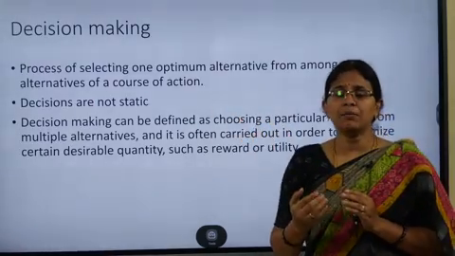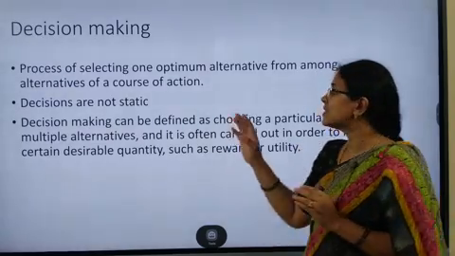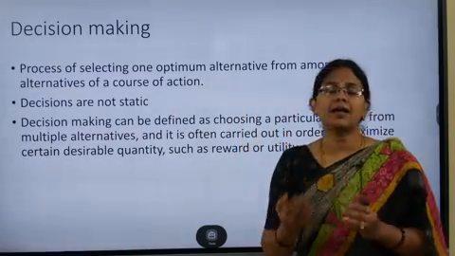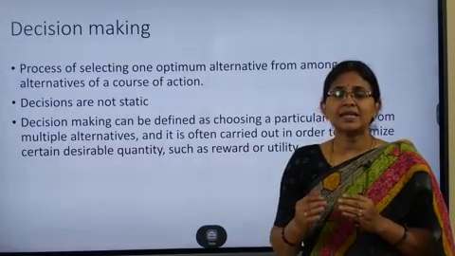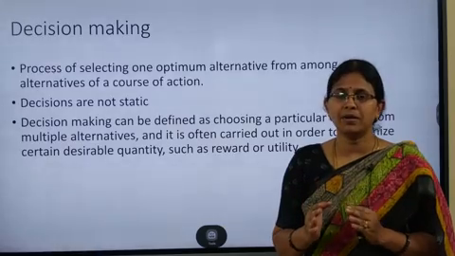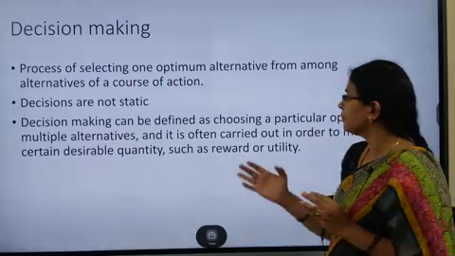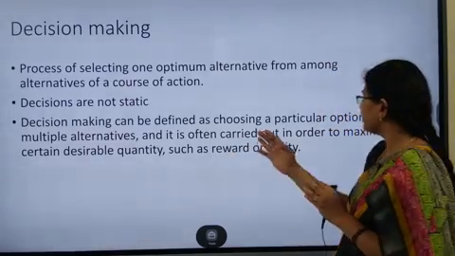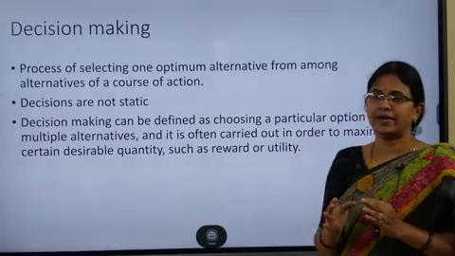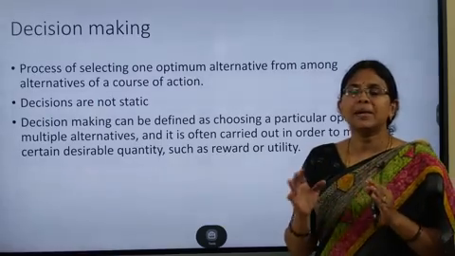And when you come to the decision point, decisions are not static. The decisions are dynamic. Decisions change from time to time. Static is nothing but something permanent, but decisions are not static, they are dynamic in nature. And when you come to the definition of decision making, it can be defined as choosing a particular option from multiple options.